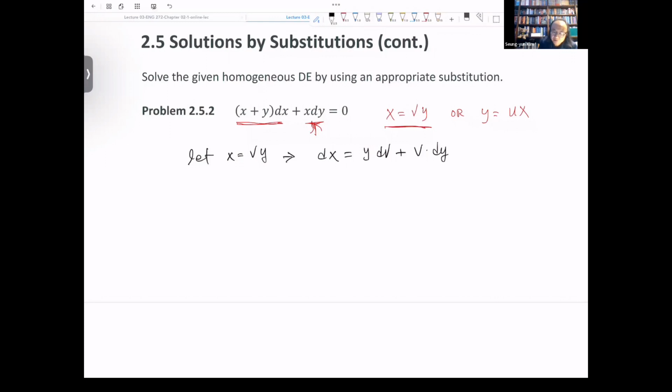Then the original differential equation, with x equals vy, is going to be (vy plus y) dx, which is y dv plus v dy, plus x, which is vy, and then dy.